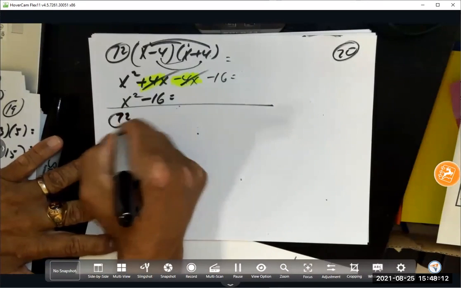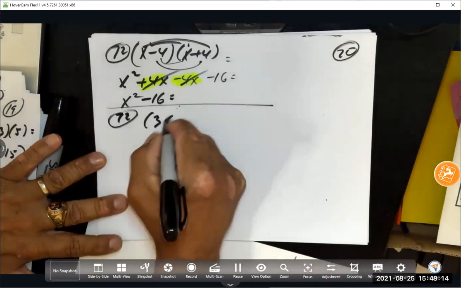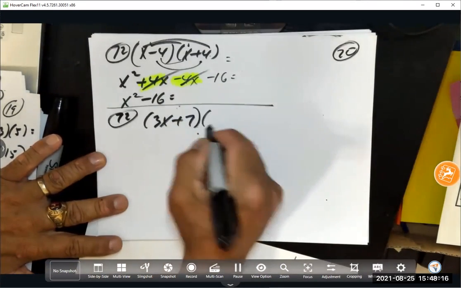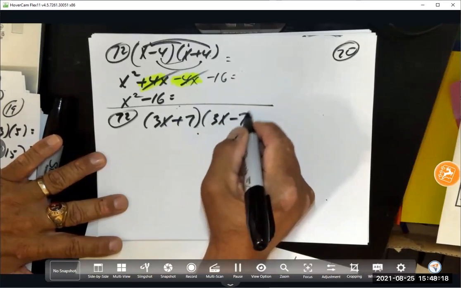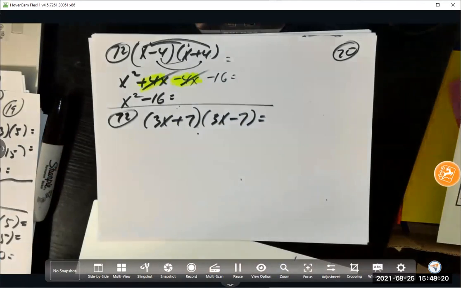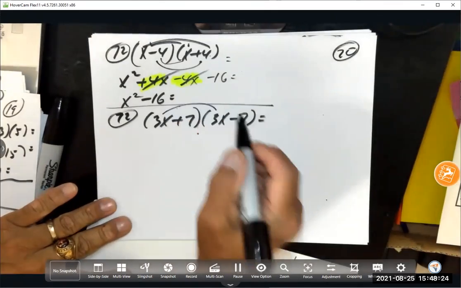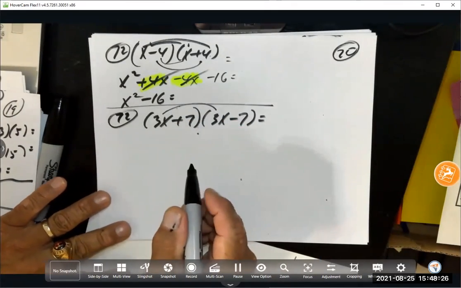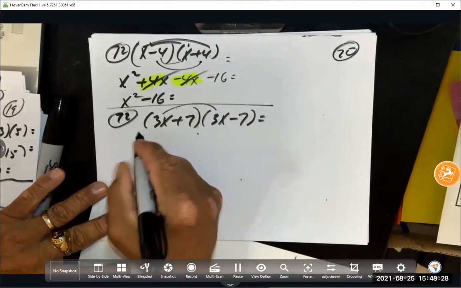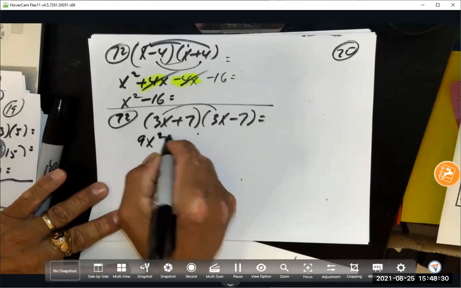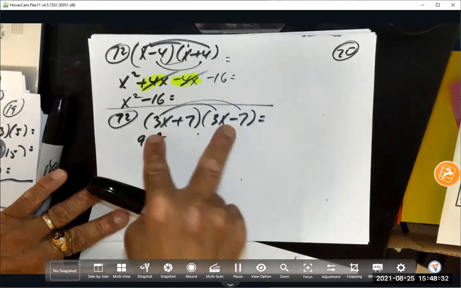Okay, let me do another one like this. Number 72 again. 3x plus 7 and 3x minus 7. Ready? So tell me, what do you think? 3x and 3x. Give me numbers. 9x squared. That's right, 9x squared. And 3x and negative 7. Give me numbers.